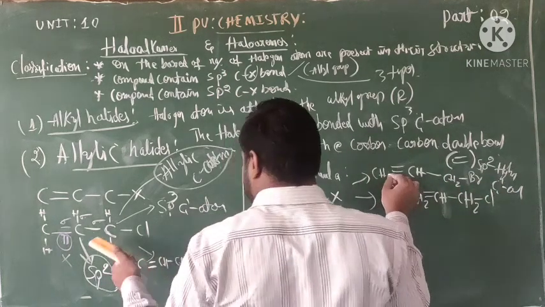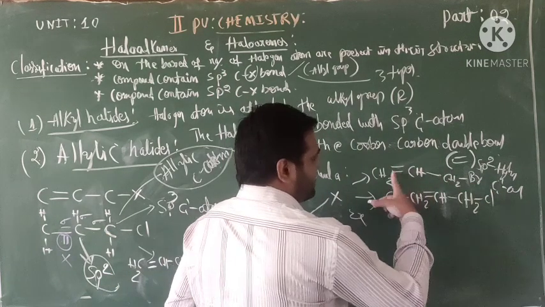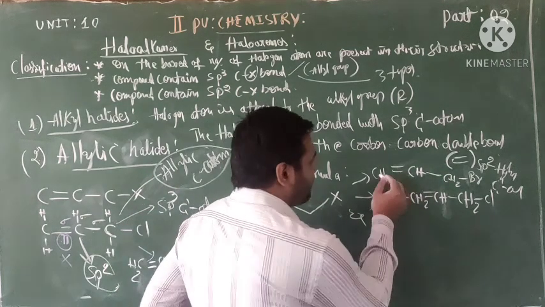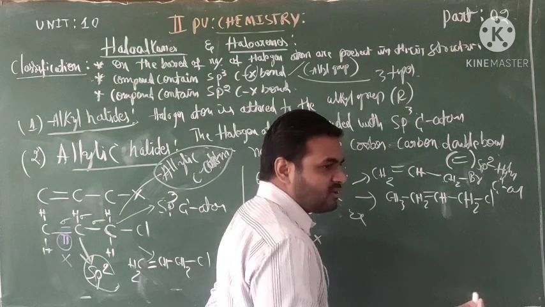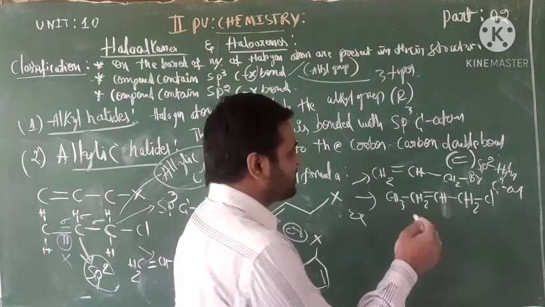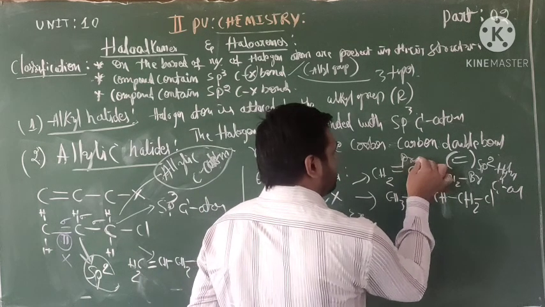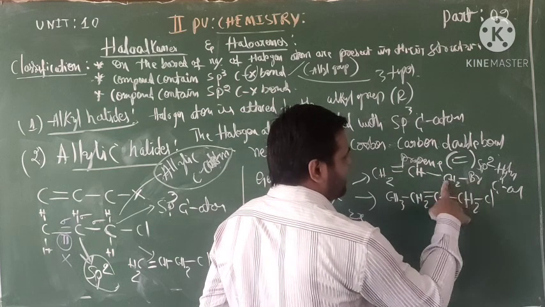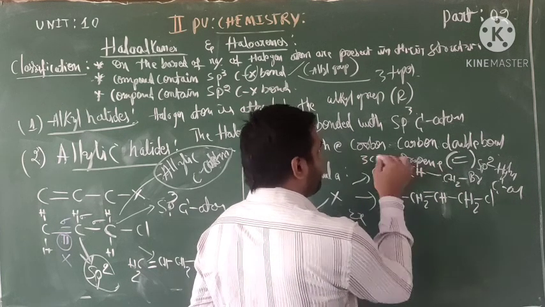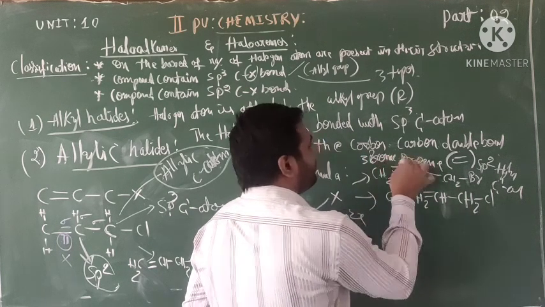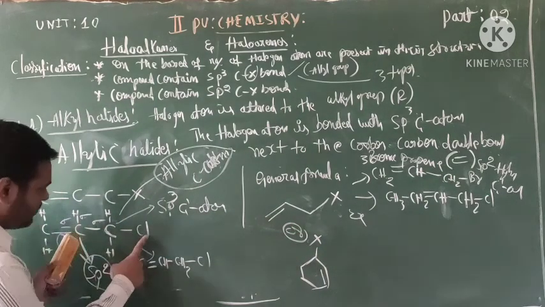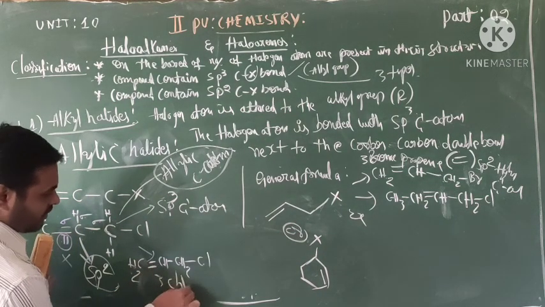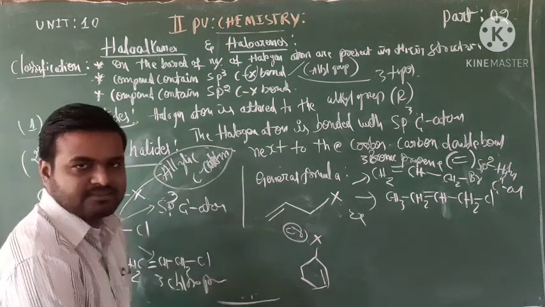Double bond means an alkene. So count 1, 2, 3 carbon atoms. Three carbon atoms is propane, but actually this is propene. So with the halogen on carbon 3, this is 3-bromopropene, and likewise 3-chloropropene, right?